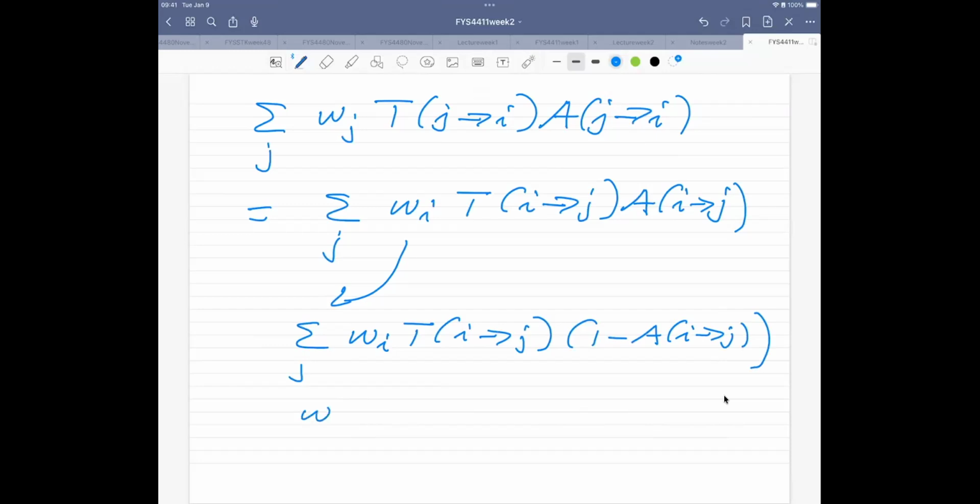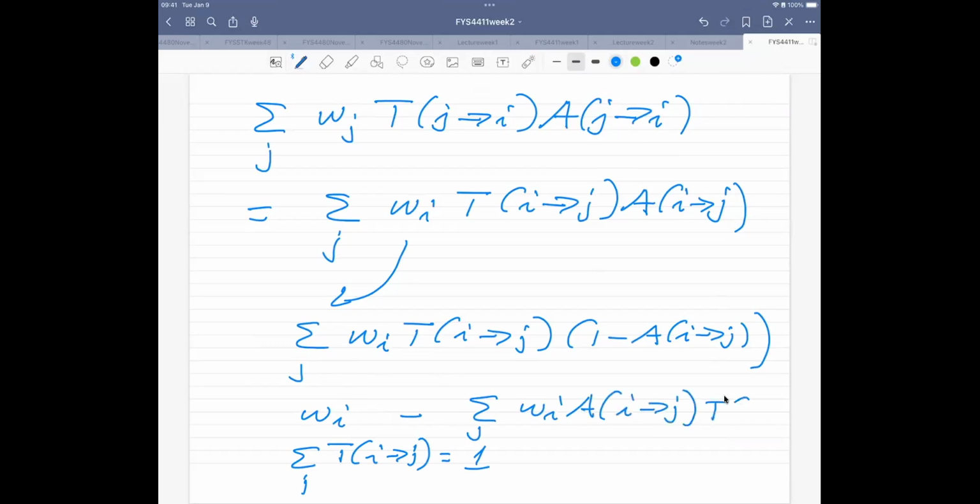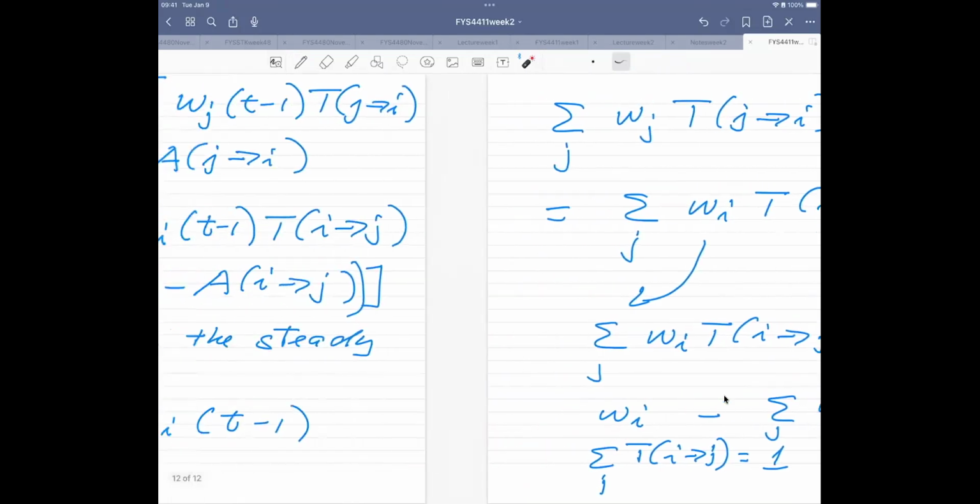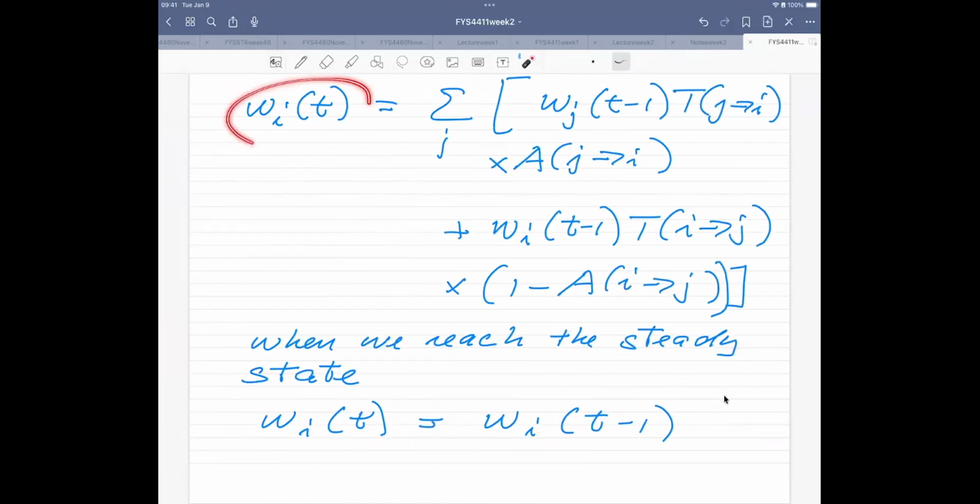So we get a Wi, because we have a probability where we sum T of I going to J over J. That is normalized to 1. That's by definition. And then I have a term which goes like minus the sum over J of Wi, A of I going to J, and T of I going to J. And you see now that this term, which was on the right-hand side of the equation, cancels the term which we have here.